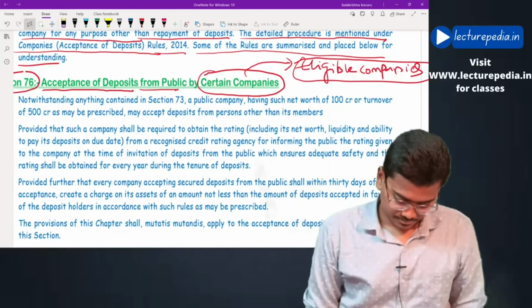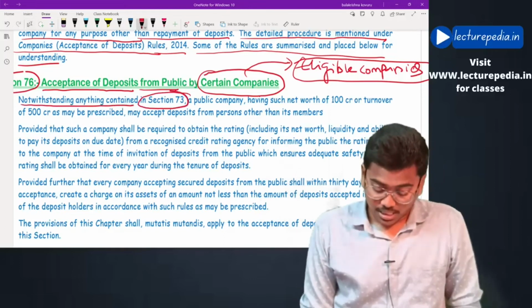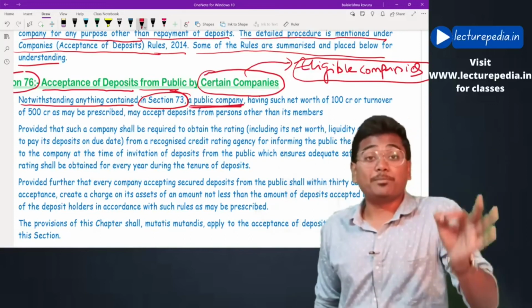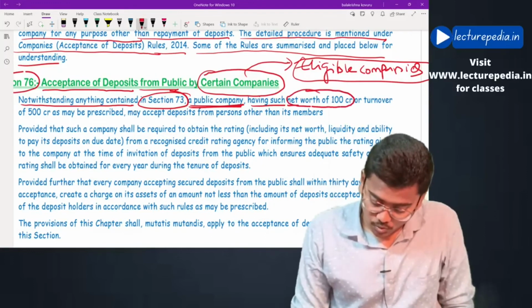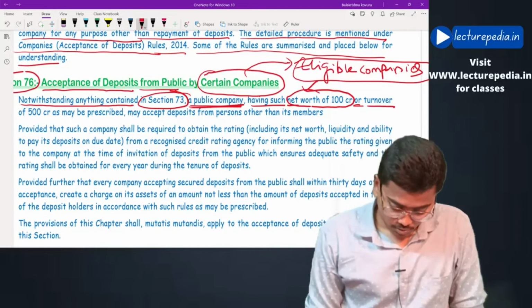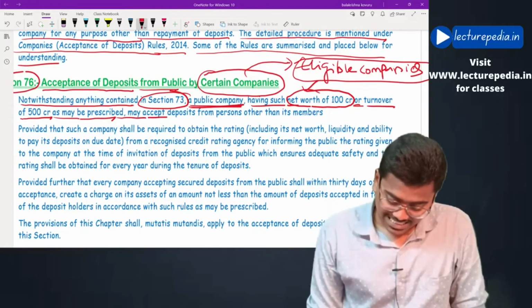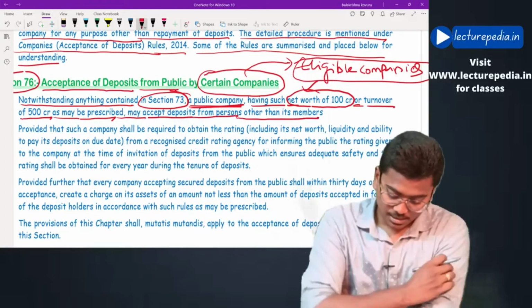See, notwithstanding anything contained in section number 73, an eligible company must be a public company having such net worth of 100 crores or turnover of 500 crores as may be prescribed, may accept deposits from persons other than its members.